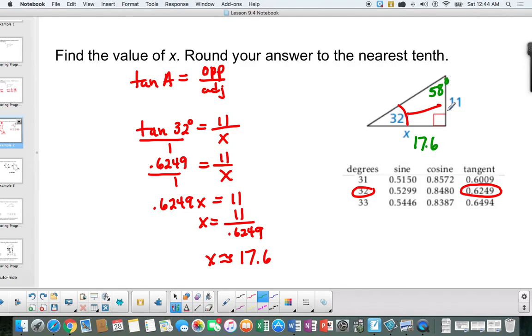And this seems reasonable to me because the side opposite a bigger angle should have a larger length than the side opposite a smaller angle. Now, what's nice is tomorrow in class, we're going to learn how to find this number with our calculator. So make sure you bring your scientific calculator.